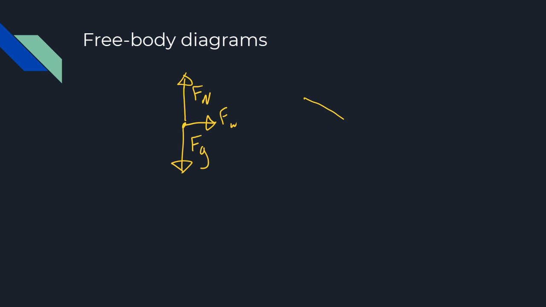Sometimes force normals are on an incline. Here's my box again. It's a little lumpy. Now, since my surface is now on an incline, it's at an angle. My force normal points out this way. And this causes some particular problems when my force of gravity still points straight down.